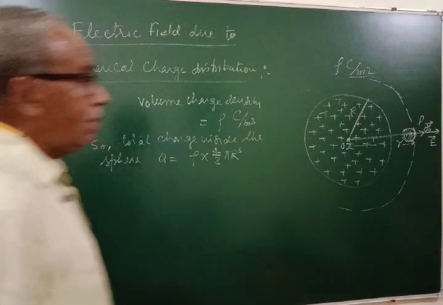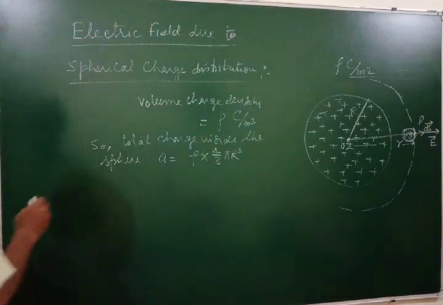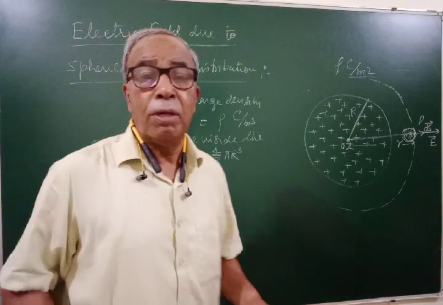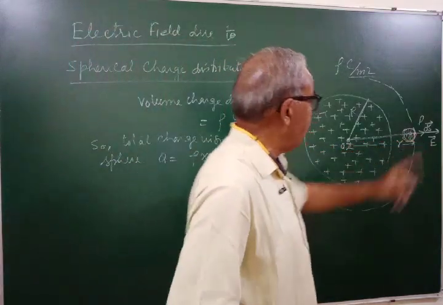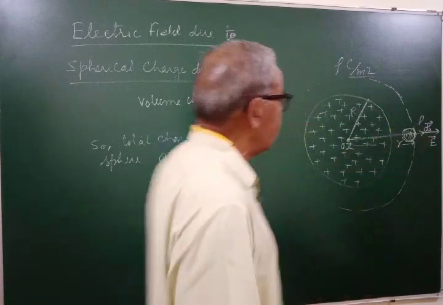Now to find the electric field at point P, please write yourself, we consider this Gaussian surface as a sphere of radius small r.